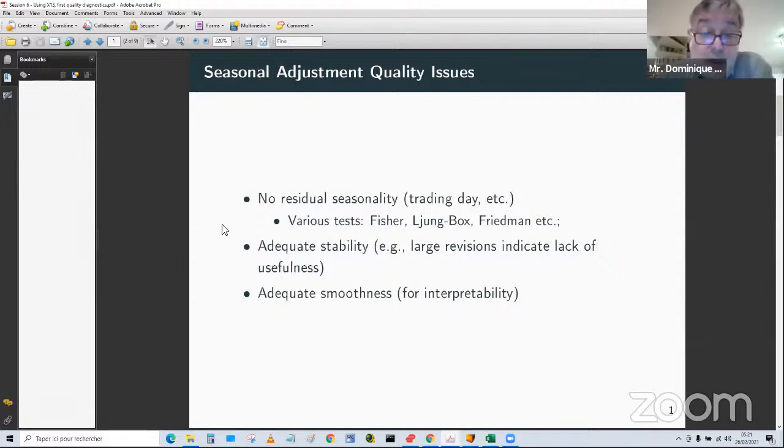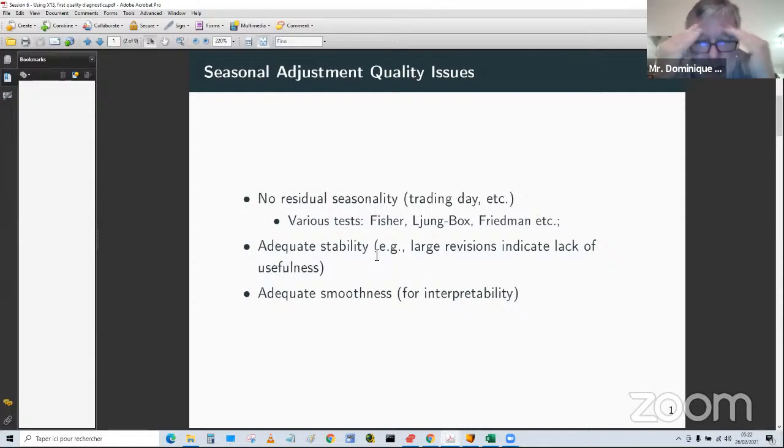What you want also is that your model is stable, because if the model is not stable, you will have large revisions. And if your seasonally adjusted series is very revised, it's of no use for you, okay? So you want to have a stable model. And you want also to have a pretty smooth series just to be able to interpret it, but not something on this last item.